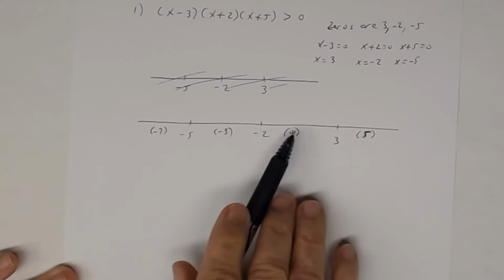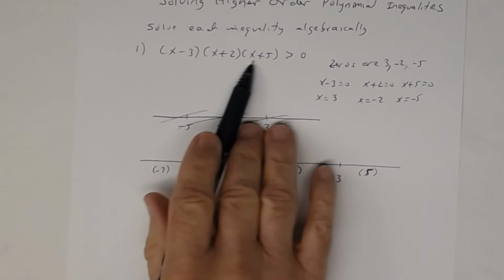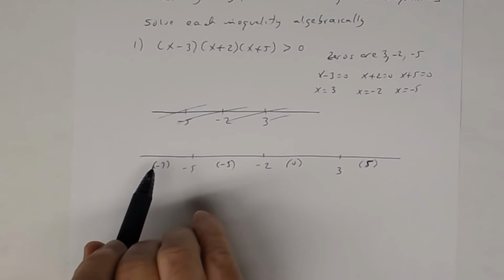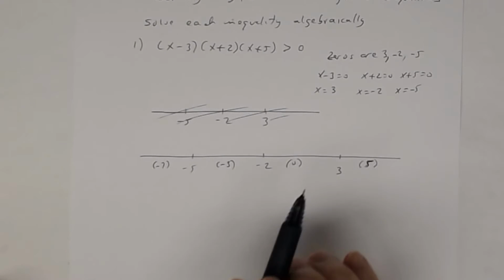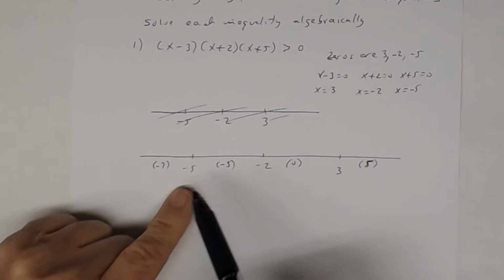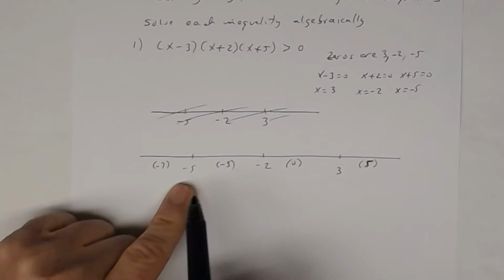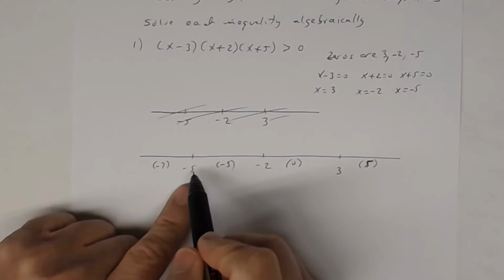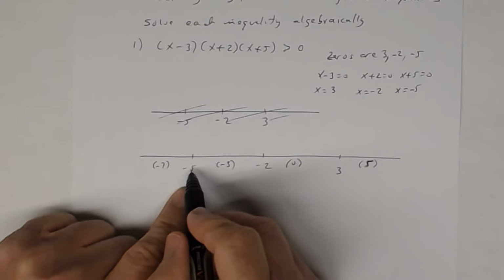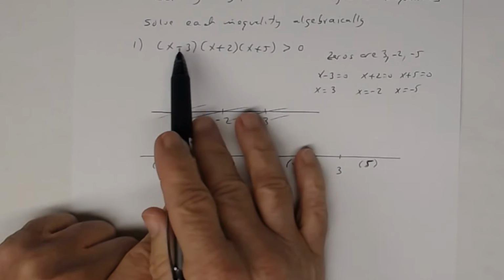For each of those test points, I'm going to go back and substitute it into the left-hand side here. All right, now before I go on, let me also indicate this. The zeros here, -5, -2, and 3, remember that those are zeros, which means that if you substitute -5 into this inequality, you're going to get a product of 0.